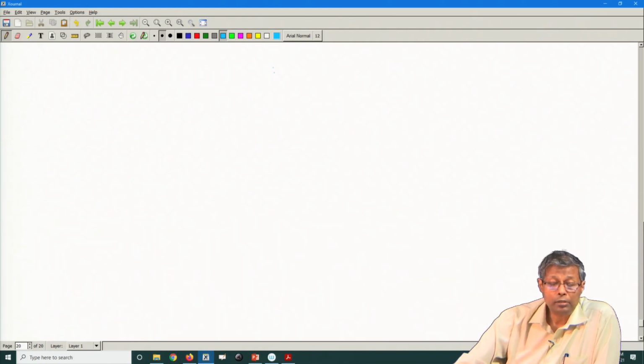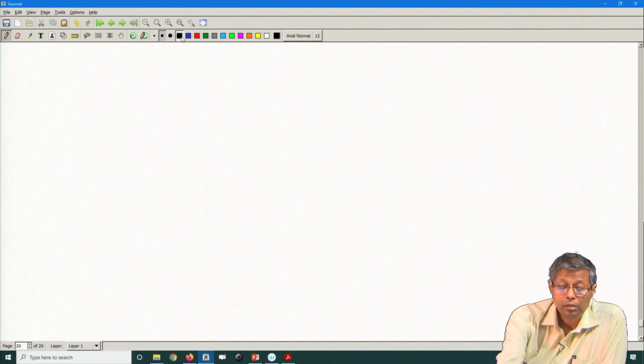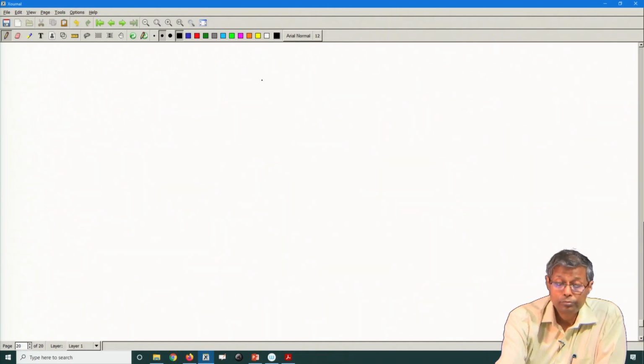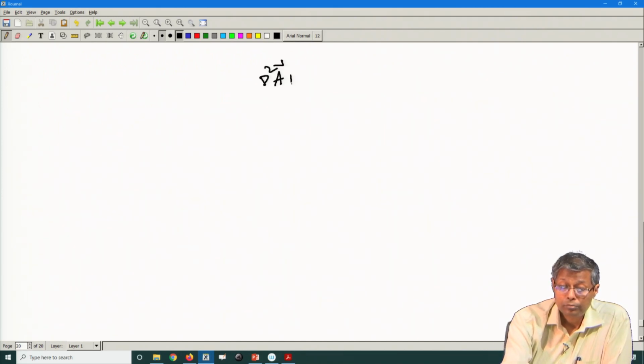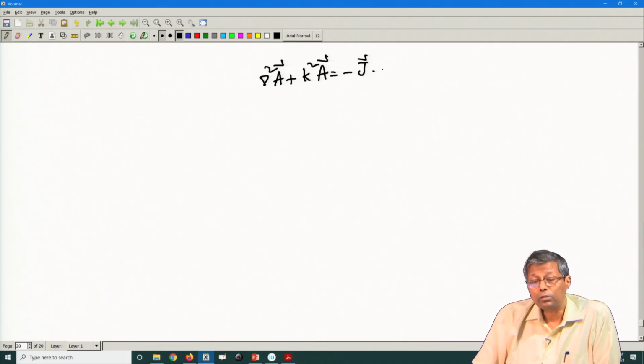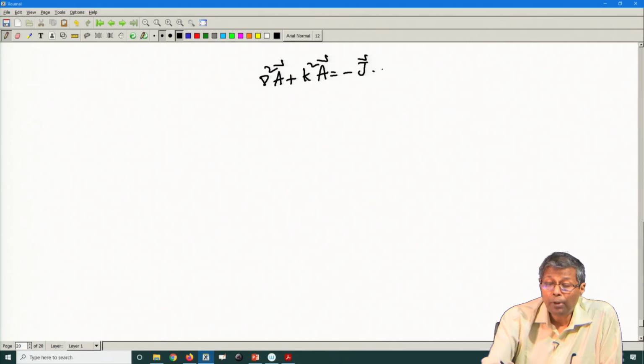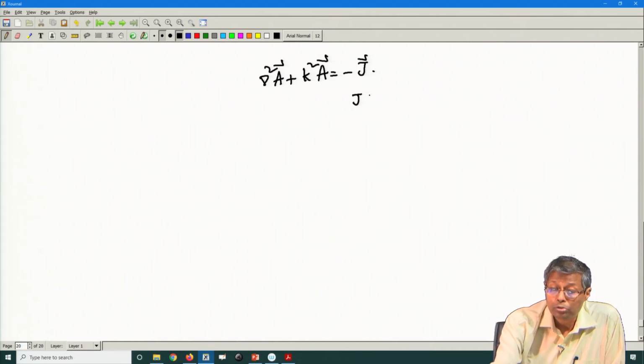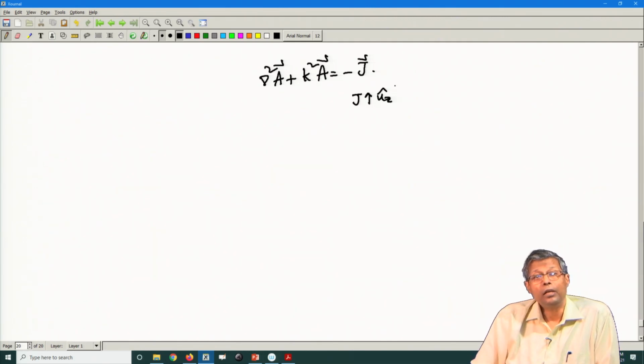that, let me write the Helmholtz equation once again in this slide. The other important significance of the Helmholtz equation comes from the fact that for a particular polarization of this source, say if this source is Z directed, it will generate a particular nature of field.